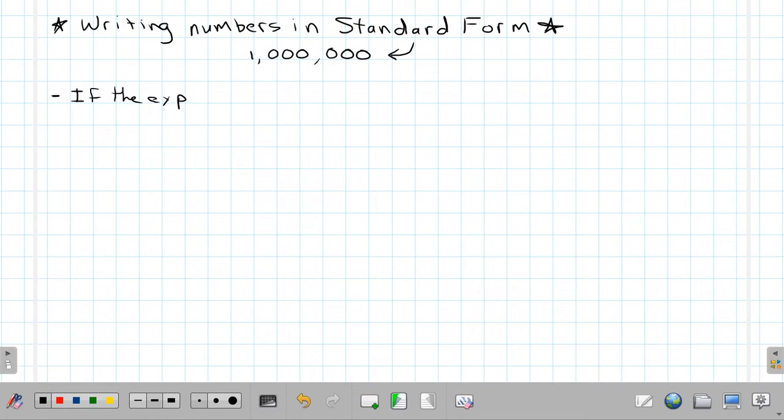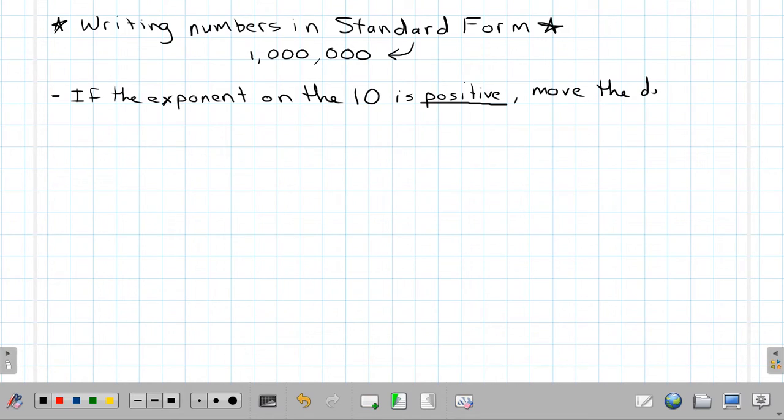Those 3 things are: if the exponent on the base of 10, the power of 10, is positive, you move the decimal point to the right.